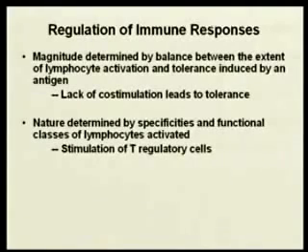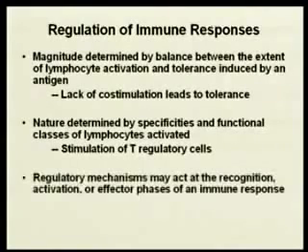Now, in addition, I'm going to briefly talk about another cell type that plays a very important role in the downregulation of the immune response. These are known as T regulatory cells. The activation of T regulatory cells actually leads to downregulation of the immune response. An important point here is that you can have regulation at every aspect of the immune response.